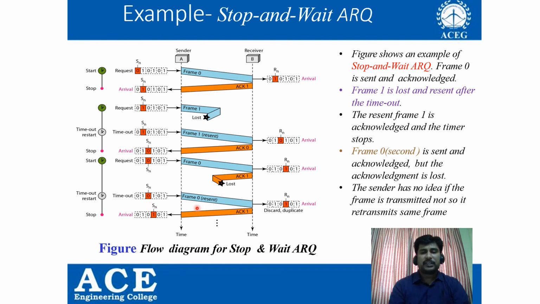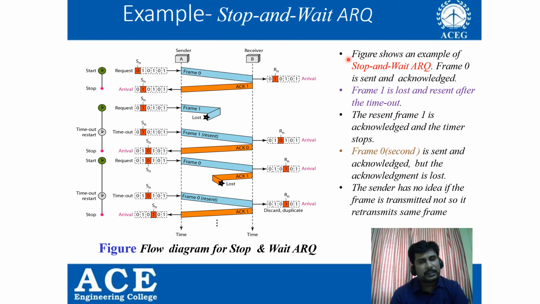Now the receiver, after receiving frame 0, knows that it was expecting frame 1 but received frame 0. So it again sends an acknowledgement to inform the sender that I am expecting to receive frame 1. So this is how the stop and wait ARQ protocol is implemented.